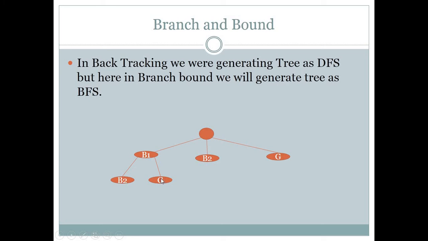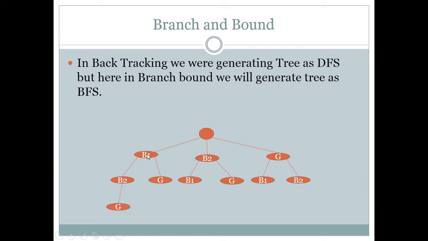Further, if boy 2 sits on the first seat, then boy 1 can sit on another place, as well as the girl. Here if the girl sits on the first place, then boy 1 can sit on the second place, as well as boy 2 on another place.